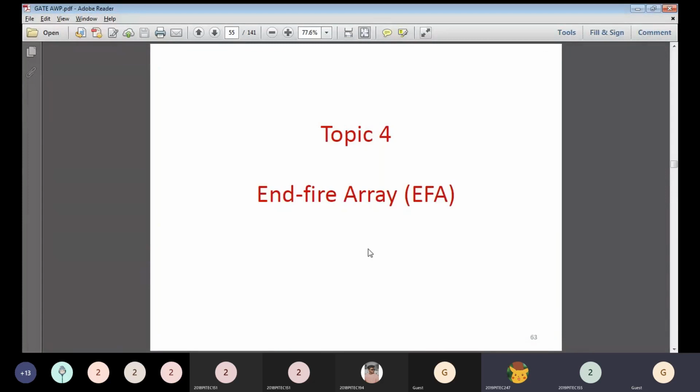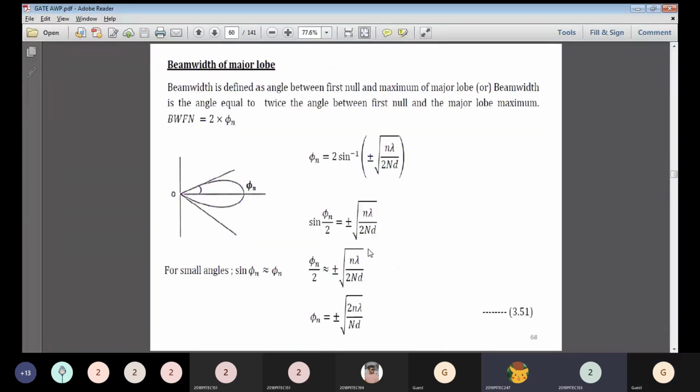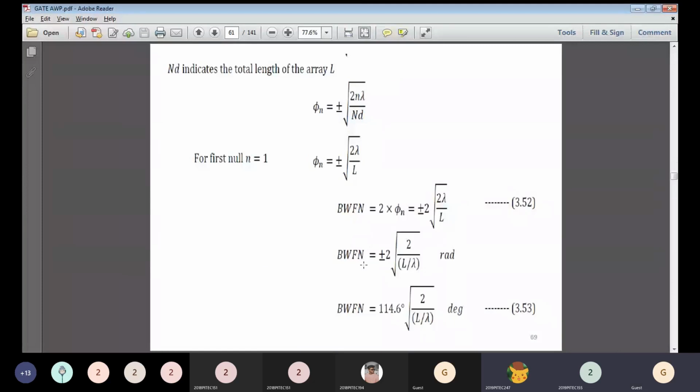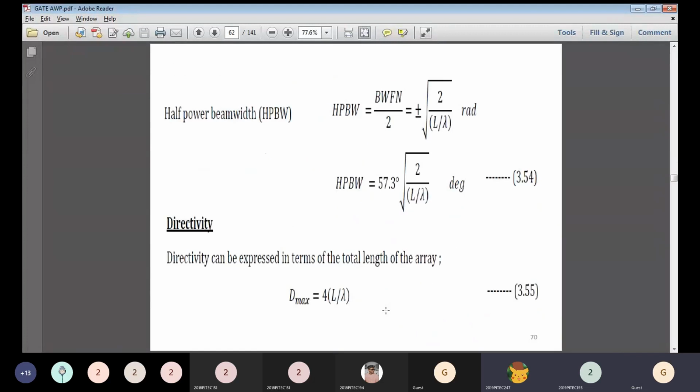Like that for the end-fire array. Beam width between first nulls equal to 114.6 degree into root of 2 by L by lambda, in terms of degree. Similarly, you can find half power beam width. Half of the first null beam width is the half power beam width: 57.3 degree into square root of 2 by L by lambda, in terms of degrees.